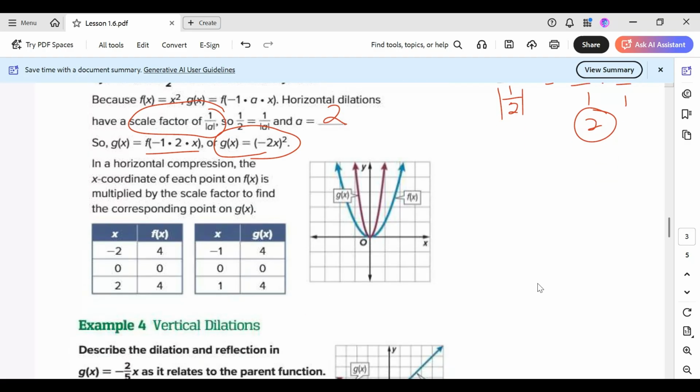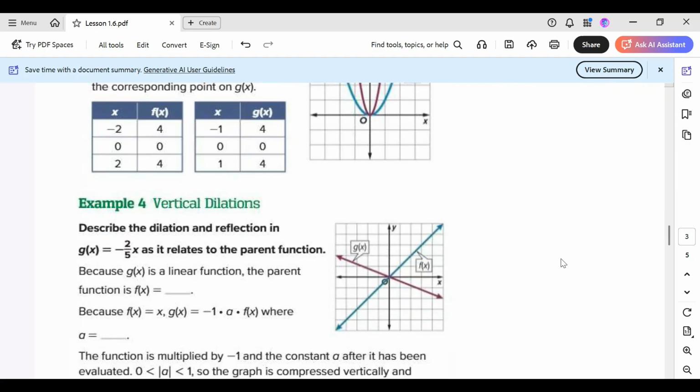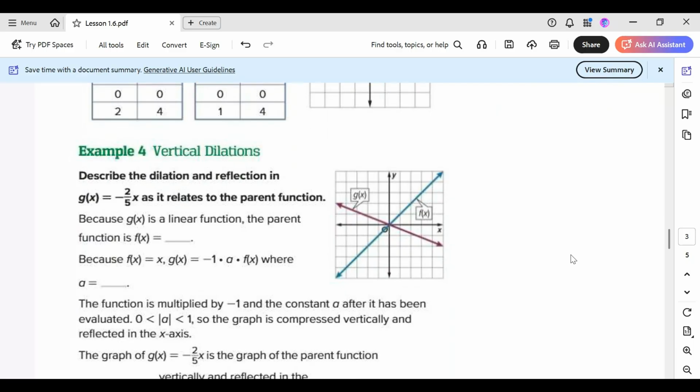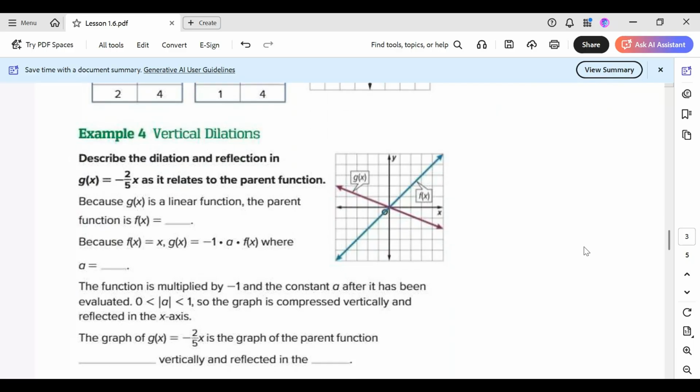In example 4, they want us to do a vertical dilation. It says describe the dilation and reflection in g of x equal to negative 2/5 x as it relates to the parent function.